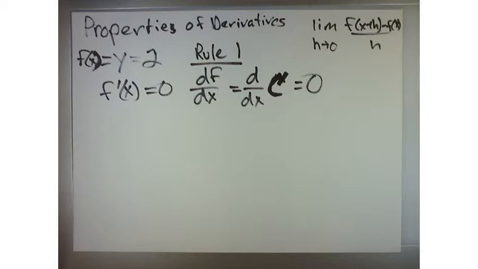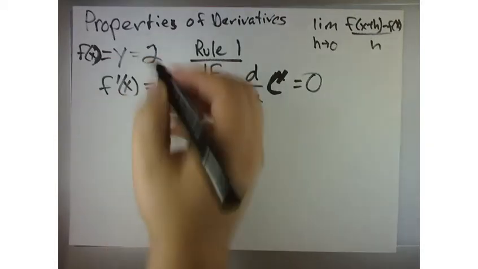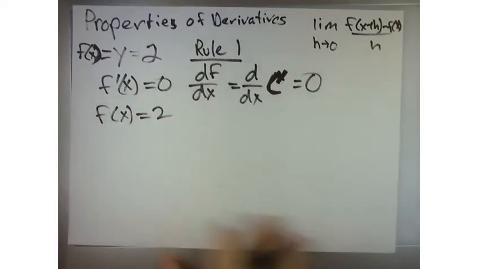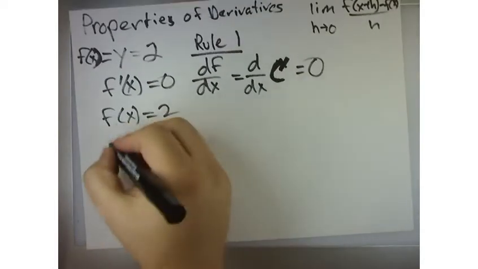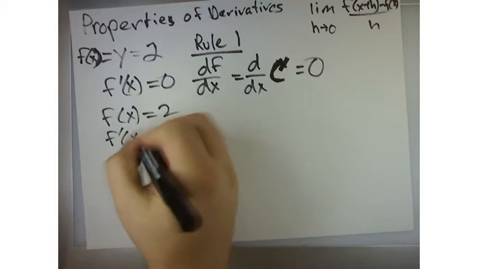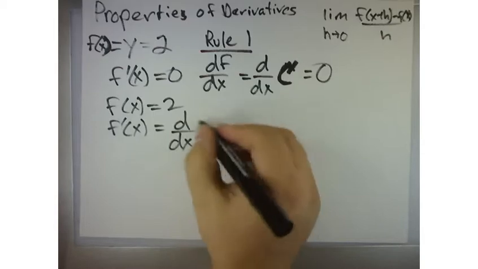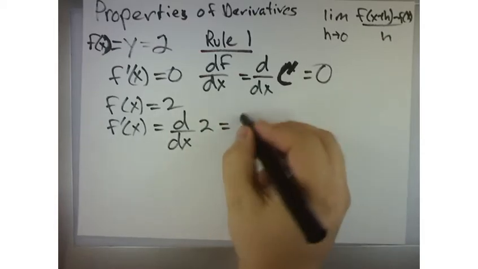So what I'm really saying is that when I go to take the derivative, in other words, if f of x equals 2, well, to find f prime of x, I would need to take the derivative of 2 with respect to x, which will always be 0, always and forever.